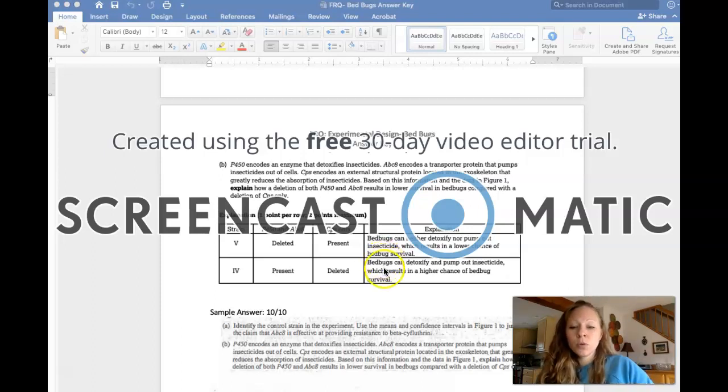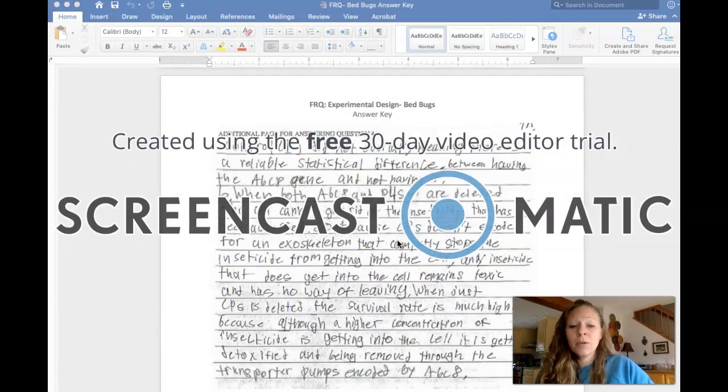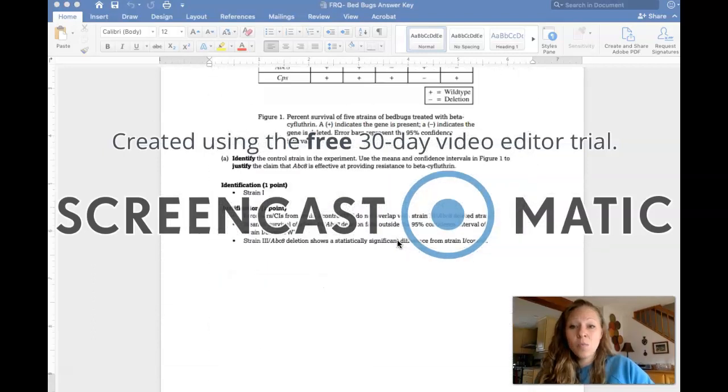When you reduce absorption, you are still letting some of the insecticide in. Here you are detoxifying it and pumping it out, which is definitely more effective than just allowing less in. So here's a sample example, and I hope that helps.